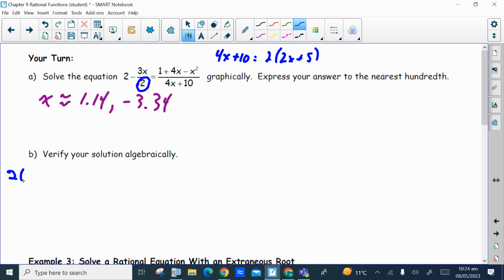So the first term is 2, which is multiplied by the common denominator. The second term of 3x is multiplied by the common denominator.